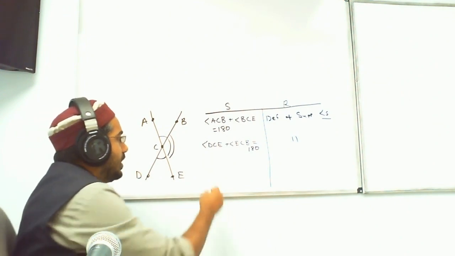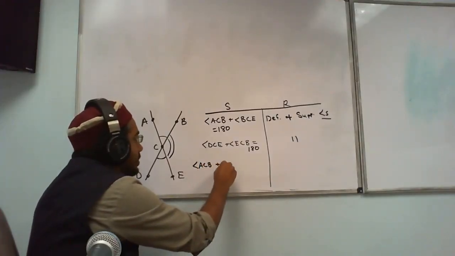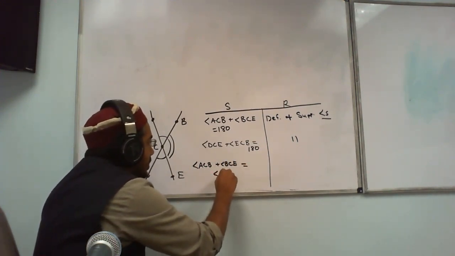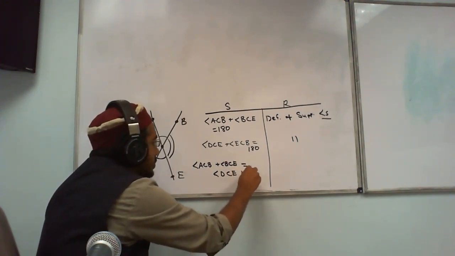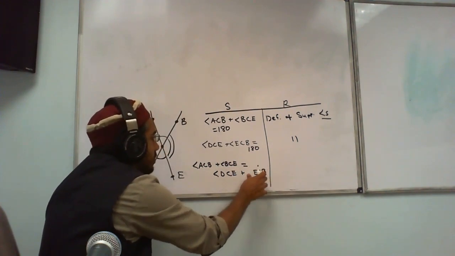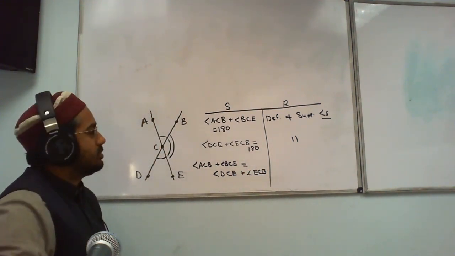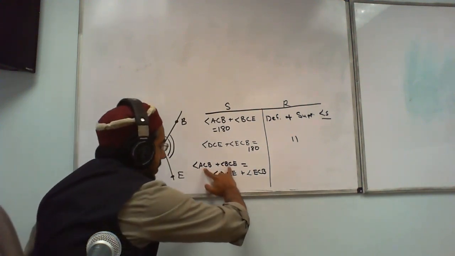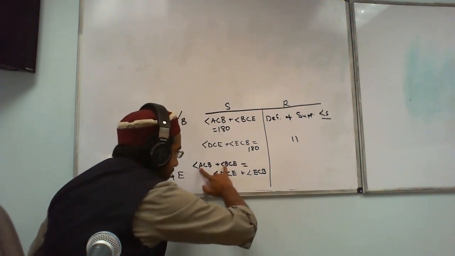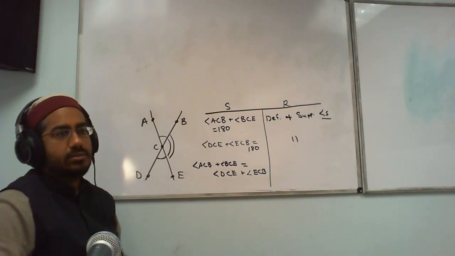So here's what I'm going to write out. ACB plus BCE equals, okay. So I'm saying ACB plus BCE, these two angles, equals these two angles, right?